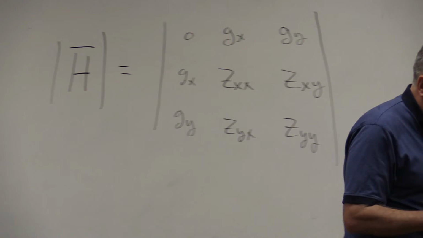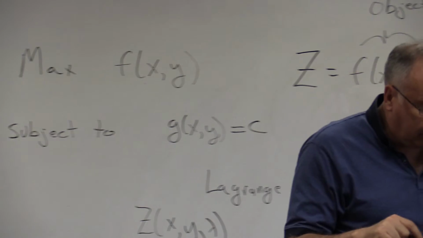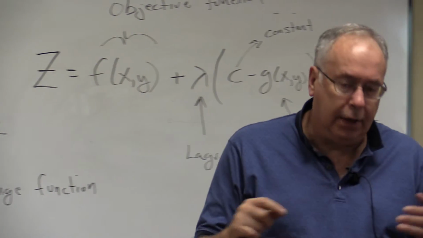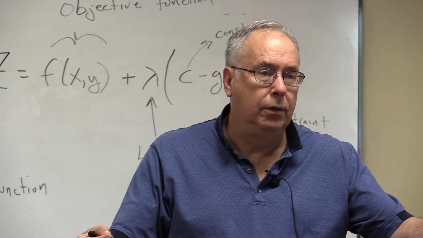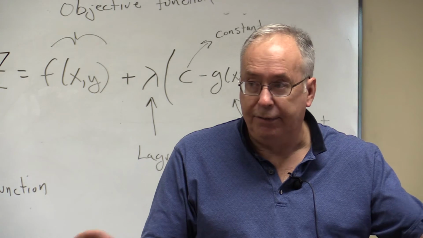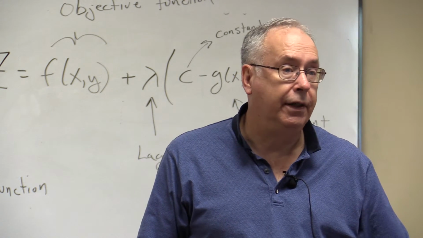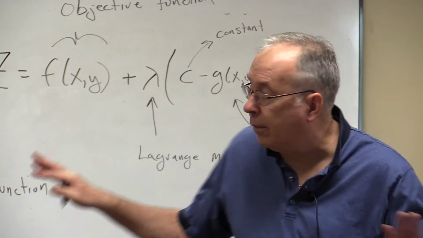And basically what this does is guarantee that the second order total differential of your objective function will be negative definite for all values of dx and dy that satisfy the constraint. So it's the same idea as before, at least for a maximum.